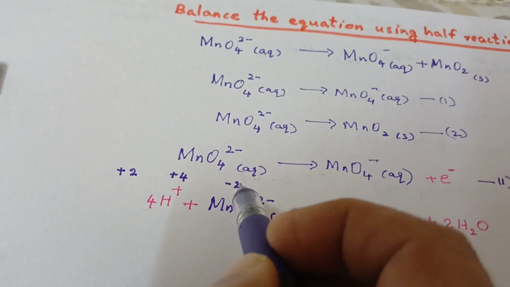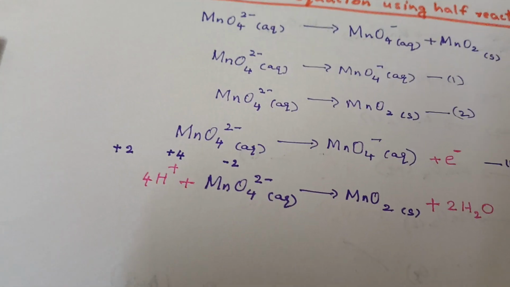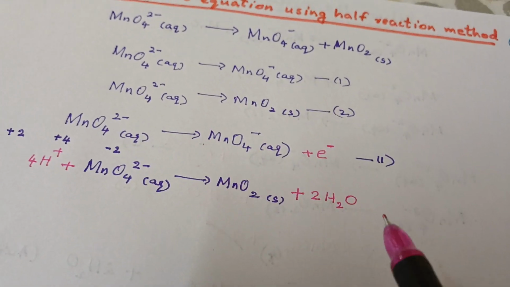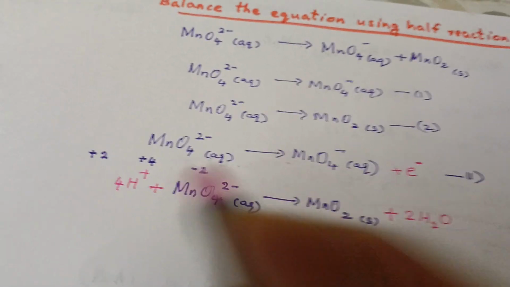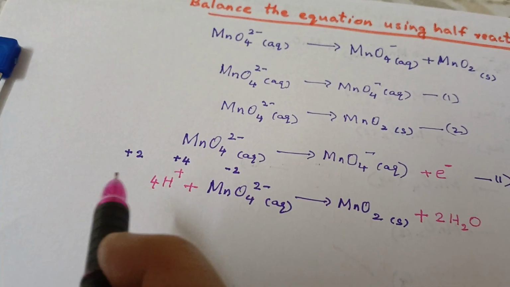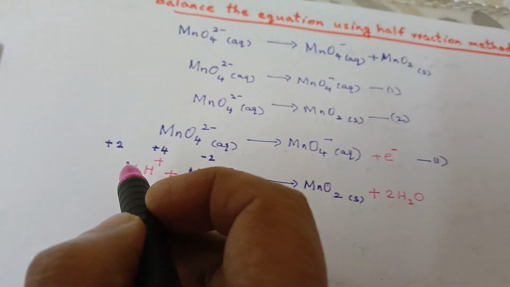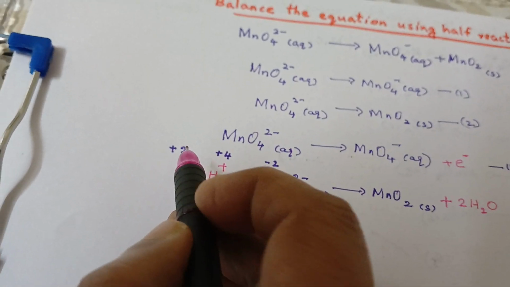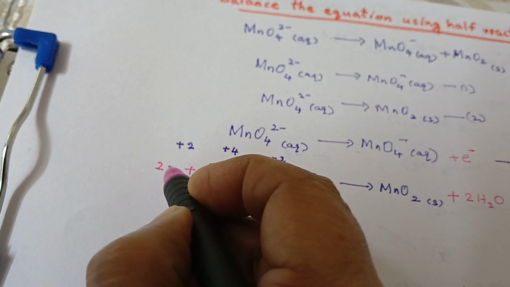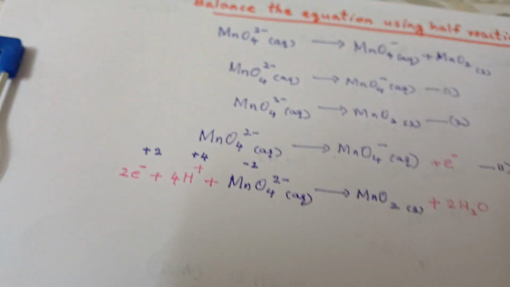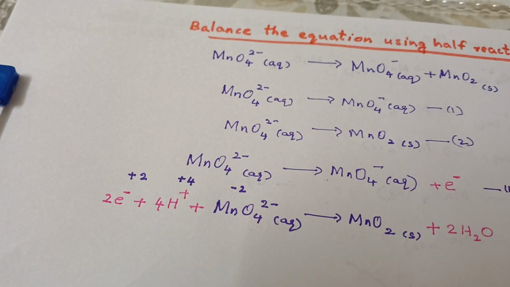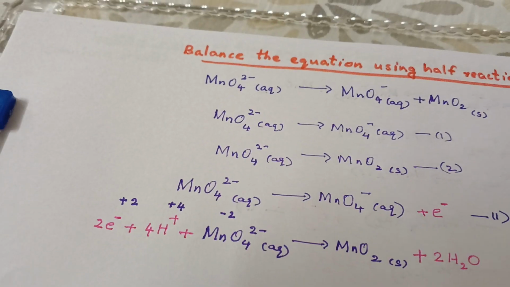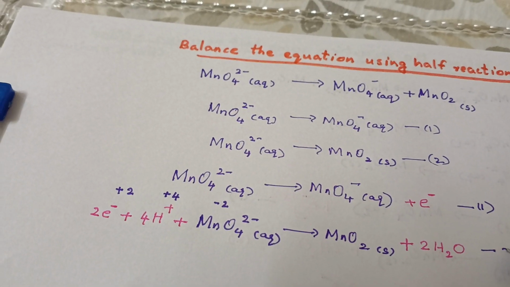We need to make it the same as the right hand side, where there is no charge. So to balance this plus 2, we need to add 2 electrons on the left hand side. Now the charges are also balanced. So that is the second equation.